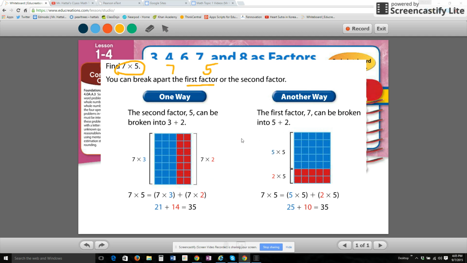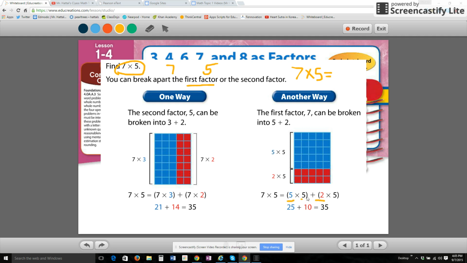What that means is we can take the mathematical equation 7 times 5, which is represented by this array down here. This array is 7 times 5. We can take it and break it down. If we wanted to break down the 7, we could do it this way, where we have the 5 and the 2.